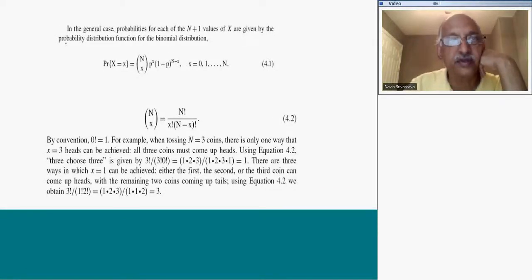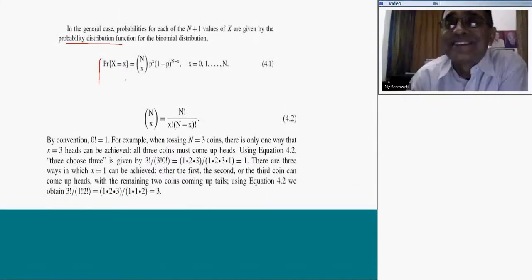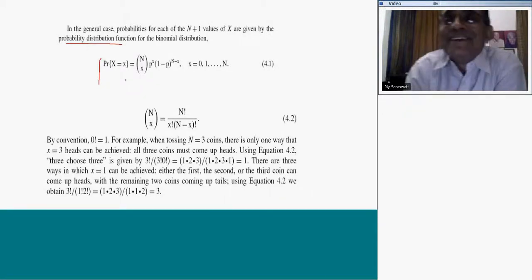If I say that this probability distribution function is given by this expression, you could just sort of explain to her also that this is what is happening. Yeah. Okay.